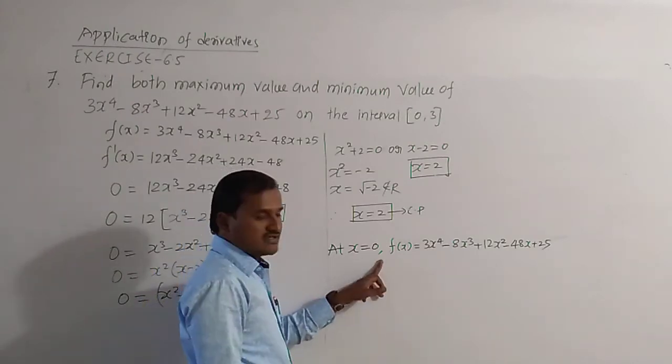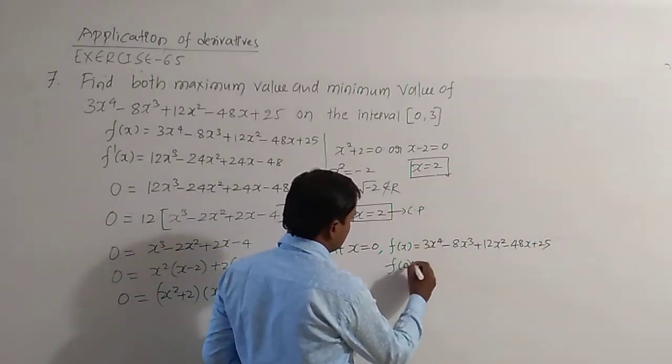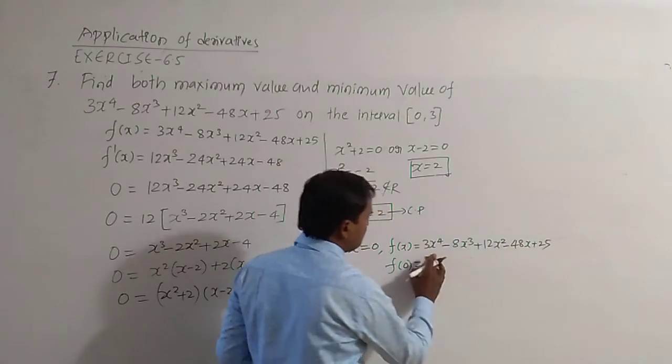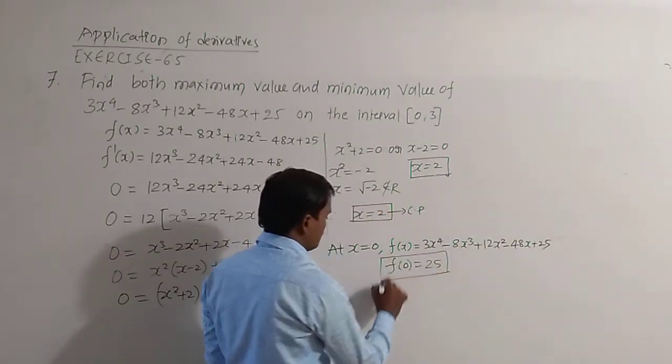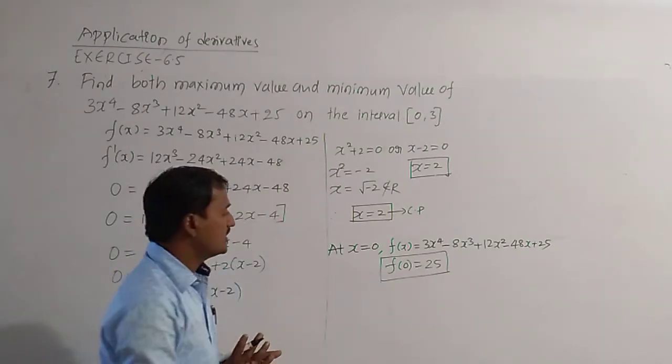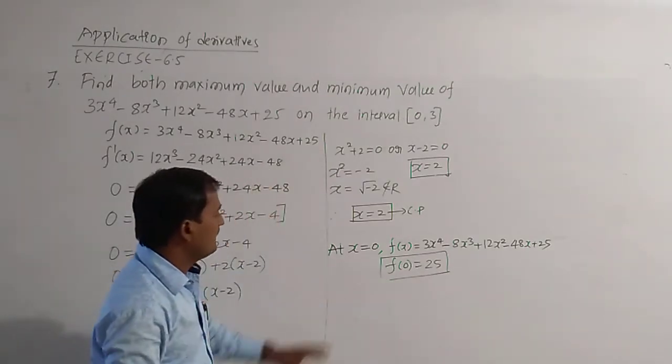Now for the value of x equal to 0, clearly all these terms become 0. So here we are getting f of 0 is equal to 25.